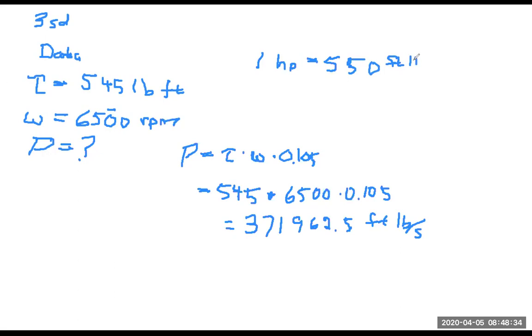So if I've got 371 odd thousands of foot-pounds per second down there, I'm going to have to divide by 550. So let's just make a note here. This is the power in horsepowers.